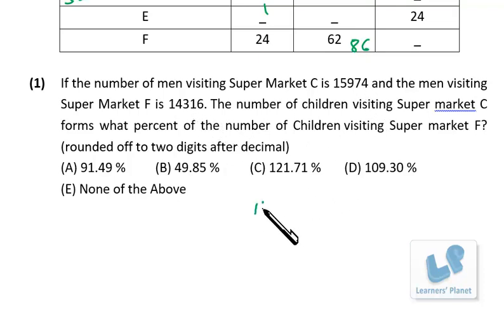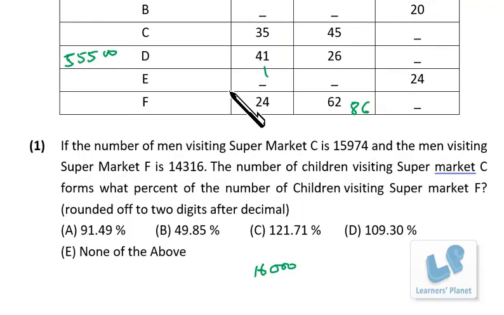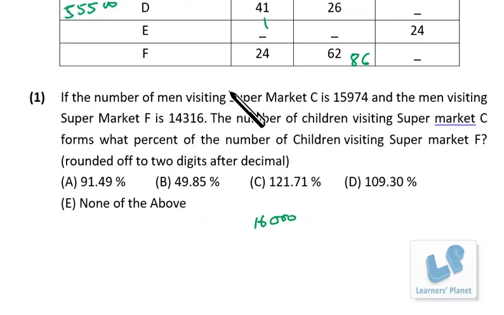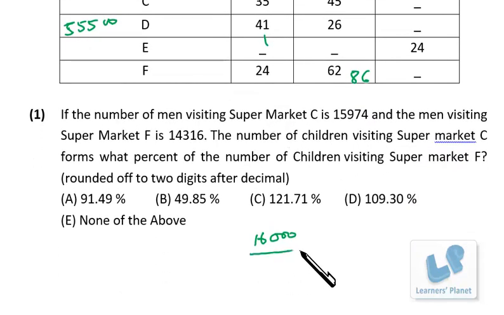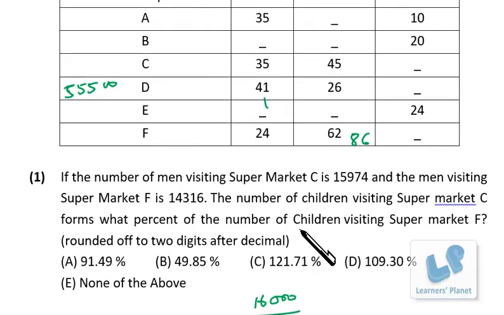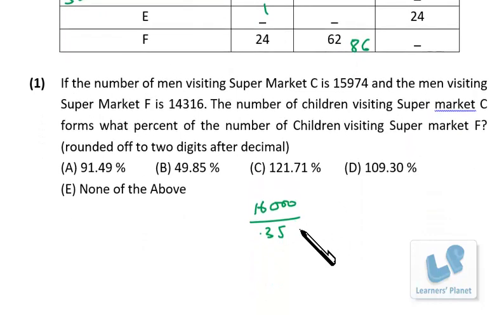So this 16,000 is number of men, right? So total number of persons will be this divided by 0.35, right? So this divided by 0.35. This is the total number of men. Now number of children will be 20% of this. Okay, so 0.20.